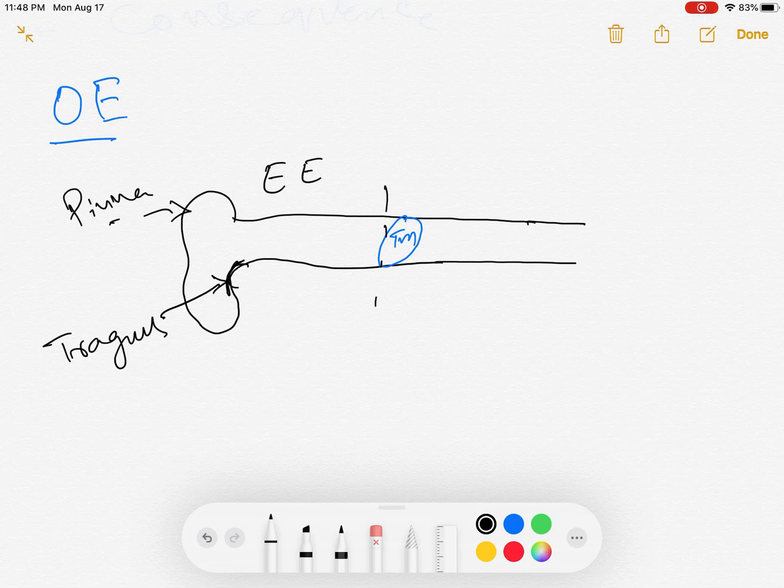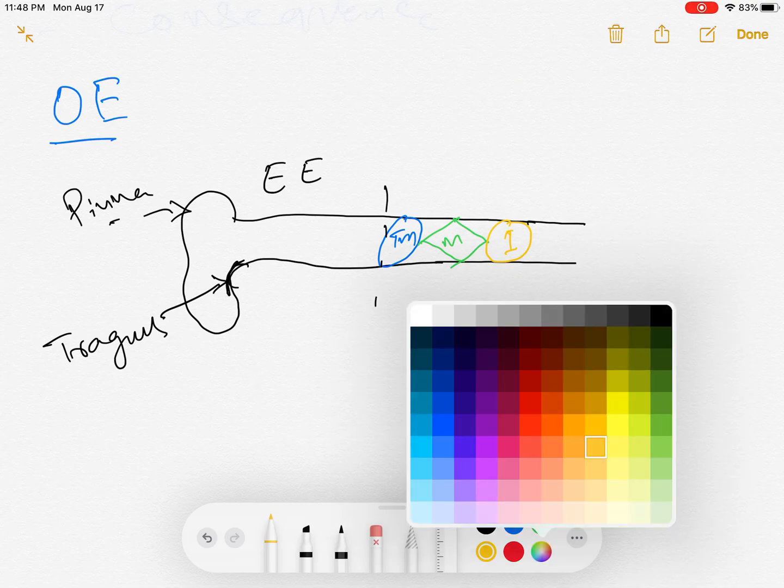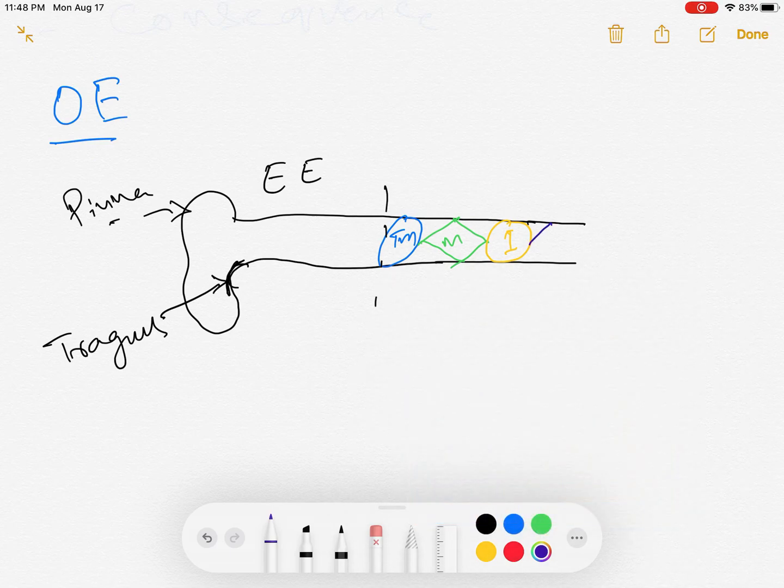Then in the middle ear you have three small little ear ossicles, small little bones called the malleus, incus, and stapes. So this is your malleus, this is your incus, and this is your stapes.